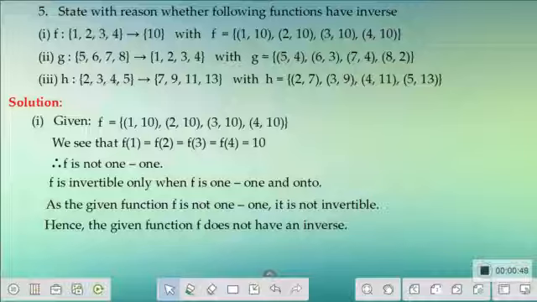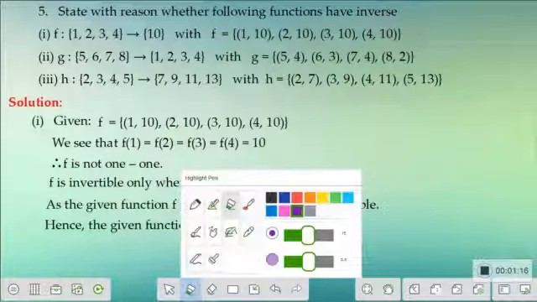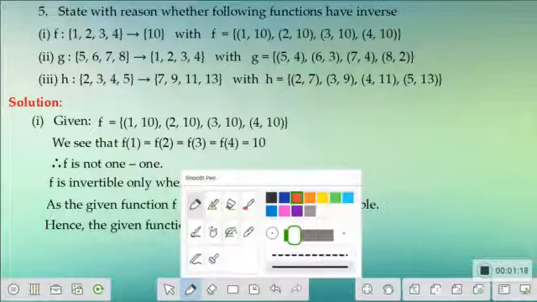The first subdivision here is a function, say f, from the set containing elements 1, 2, 3, 4 to the set containing element 10, with the definition f equal to the set containing the ordered pairs (1, 10), (2, 10), (3, 10) and (4, 10). As we were discussing in the previous sessions, when you have (1, 10) as an ordered pair, it means 1 is your input whereas 10 is the output.